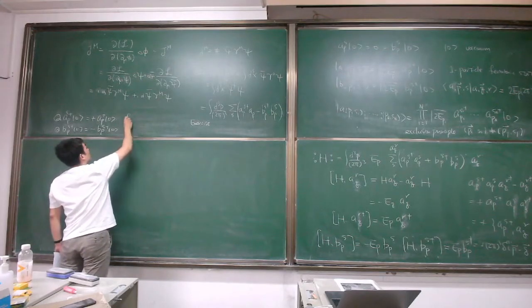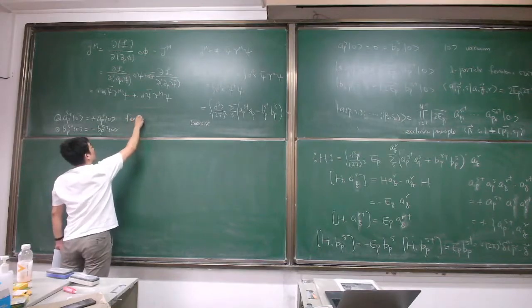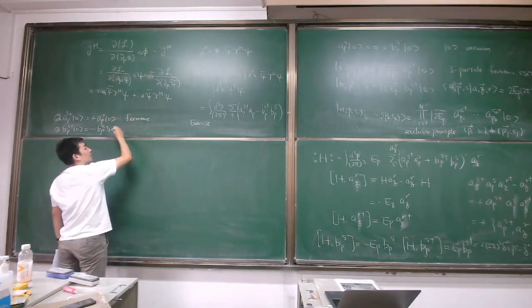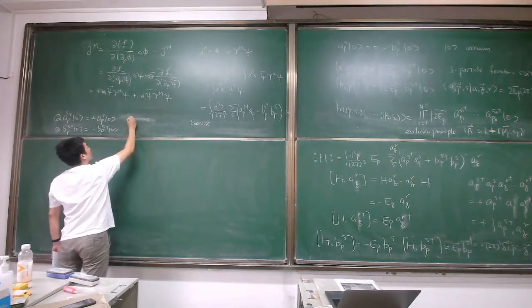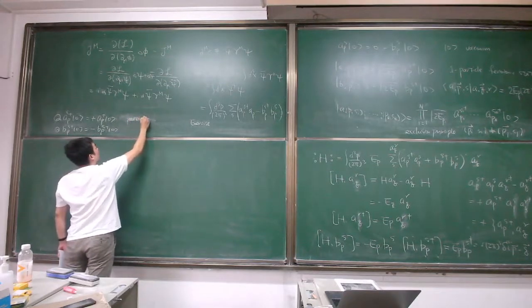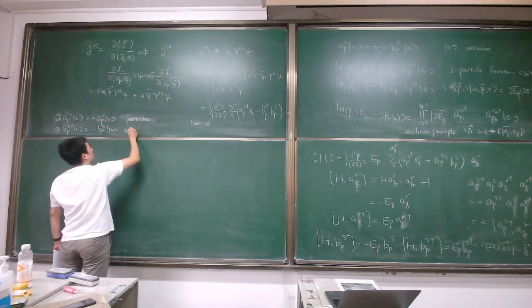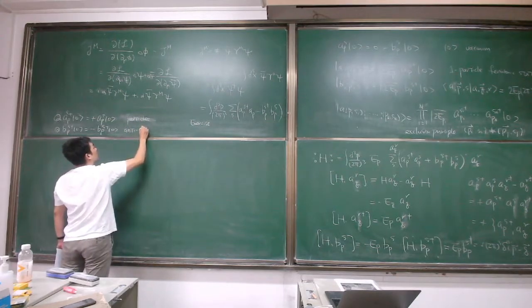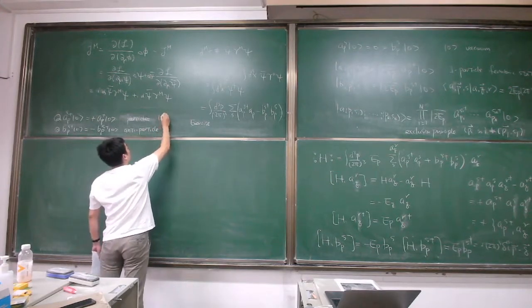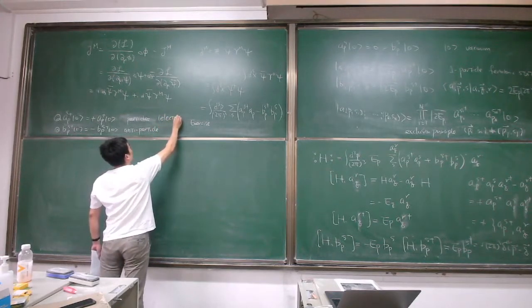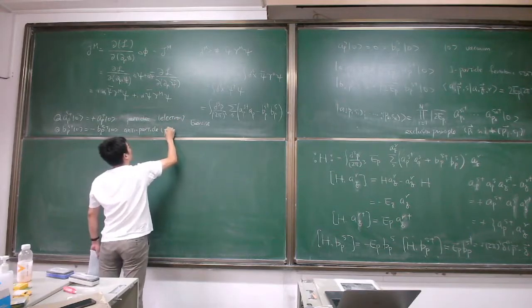If you treat this as a fermion, this is the particle and this is the antiparticle. Precisely, this is for the electron, and this is for the positron.